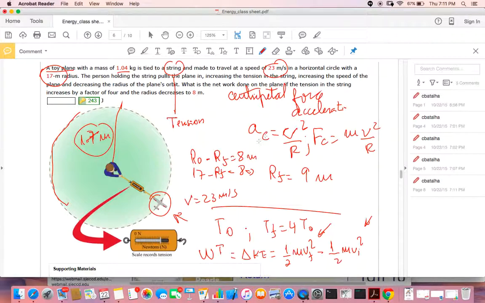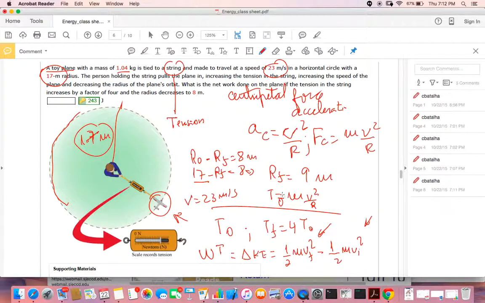Oh yeah, the tension increased, so we can use the initial tension. The initial tension is the centripetal force, so T naught is m v squared over r, right? R in the initial phase is 17 meters. The initial velocity is given, so you know the value of the initial tension. So the final tension was increased by a factor of 4.